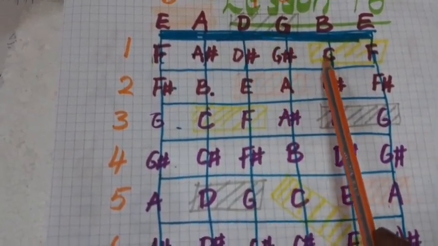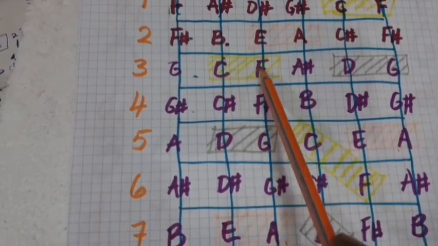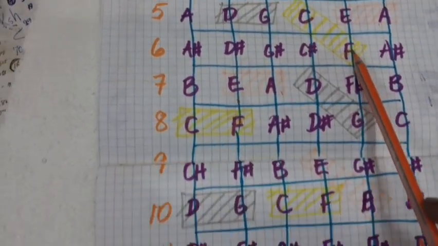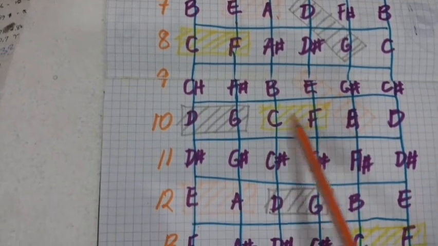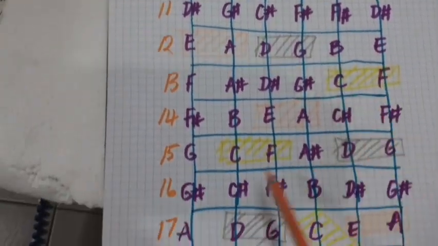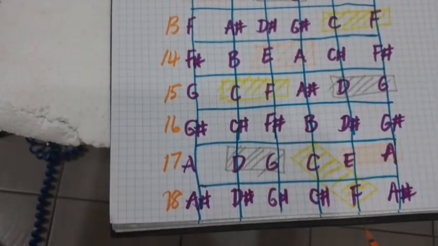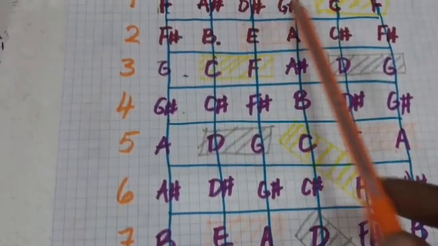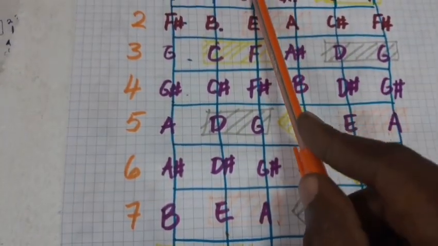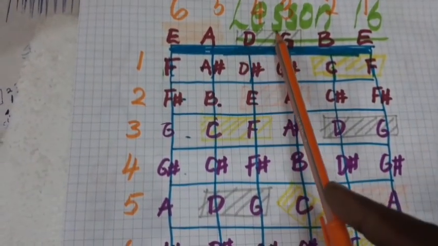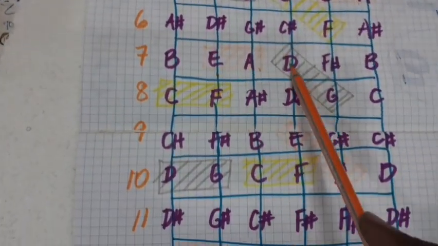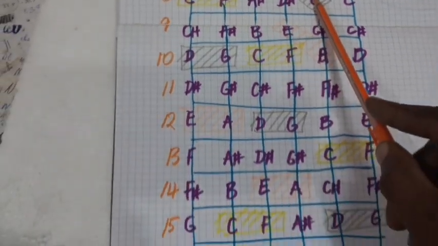Take for instance, C F, C F, C F. You can see the C F, C F, C F. You can take any. See, D G, D G. Where's another D G? There's D G here.